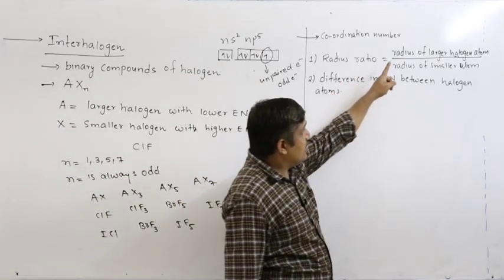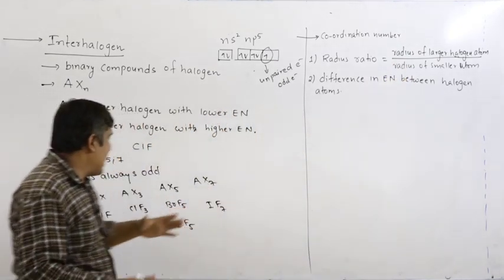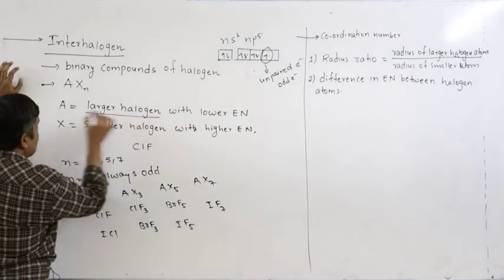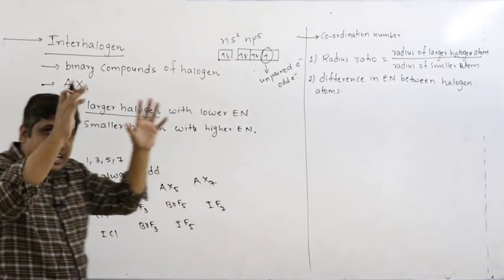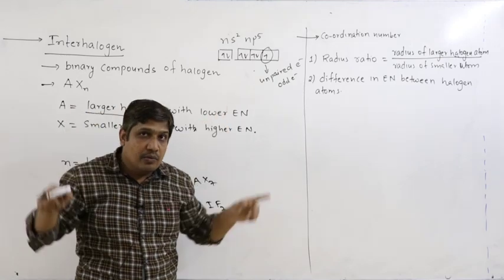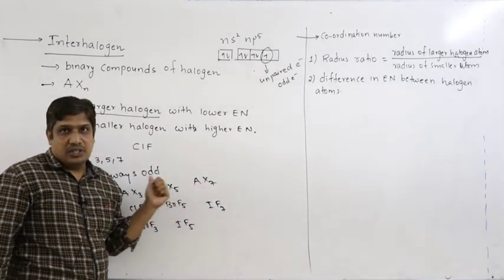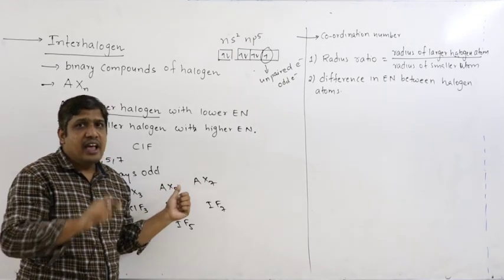Now, as you can see, the numerator, the radius of the larger halogen atom, is nothing but A. If the size of A is more, then the space around it or the volume available is more, so you can add more smaller halogens.